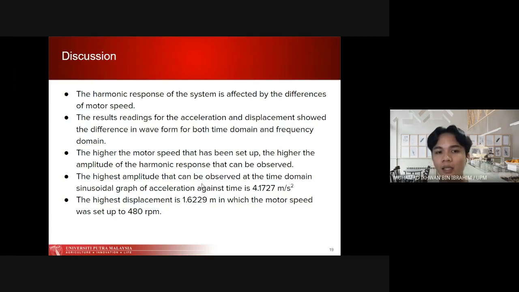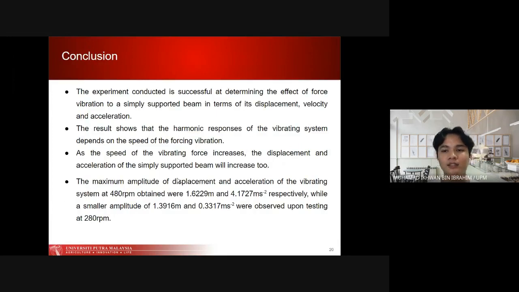The highest amplitude observed in the time domain sinusoidal graph of acceleration against time is 4.1727, and the highest displacement is 1.6229 meter, where the motor speed was set to 480 RPM. So that's it for the discussion.